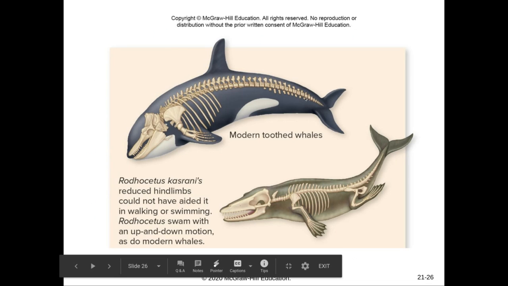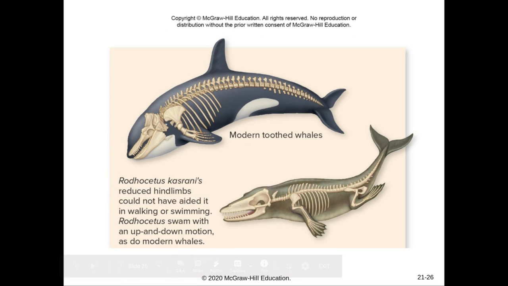You could think of modern toothed whales. So the orca is a great example, and their ancestor that had similar skeletal structure, similar body shape, but had this extra pair of limbs here, right? So this intermediate, where selection is selecting for these traits. They're changing, but they're not quite gone as we observe them in modern times, right? If this is the whale's ancestor, you can see the traits are similar.